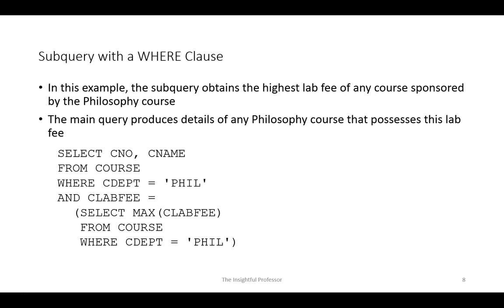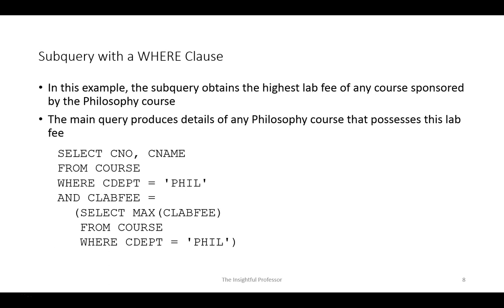The subquery is simply another condition, which is connected to the main query's where clause. Subqueries themselves do not need to be written as the last condition. So we could have said where lab fee is equal to whatever the subquery produces and department is equal to philosophy. The order in which we list these conditions is not important.